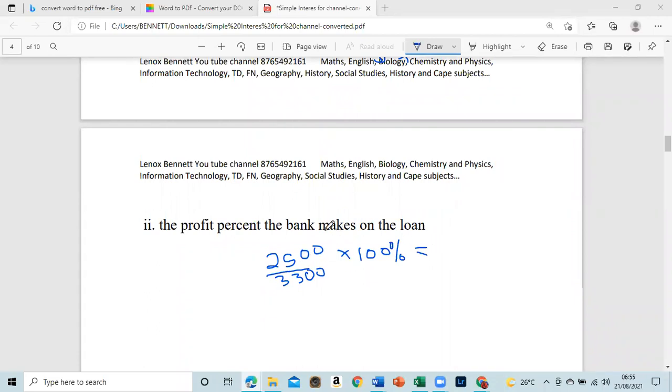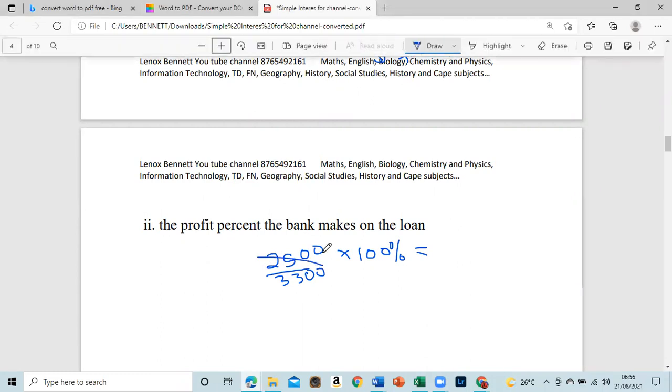Because what I could have done is complete this and then subtract it from 100 and still get the answer. But as a teacher, I have to do the right thing, right? So the profit itself will be 3,300 minus 2,500, right? So that means that our profit is $800.